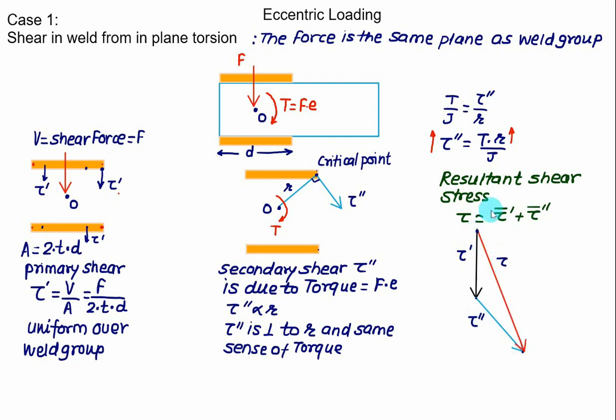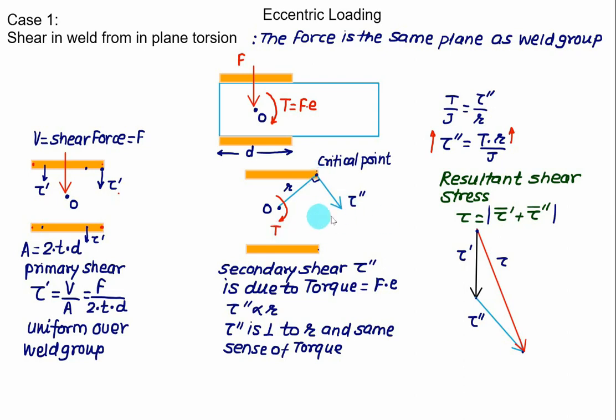But for calculation purposes you have to always use the absolute value, that is, the positive value of the shear stress. Step number 1 is to calculate tau prime. The second step is to calculate the torque, which is F into E. Since the shear stress is directly proportional to R, you find the furthest distance, which is the critical point. At the critical point you have to show the shear stress in the same direction as the torque.